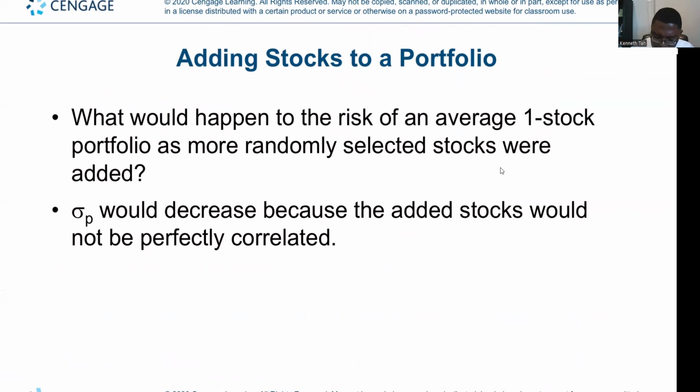The risk is going to decrease when we add stocks that are not perfectly correlated. If we can find two stocks that are perfectly negatively correlated, then the risk of holding those two stocks in the portfolio will be 0. So we want stocks in our portfolio that are negatively correlated so that we can reduce the risk associated with that portfolio.